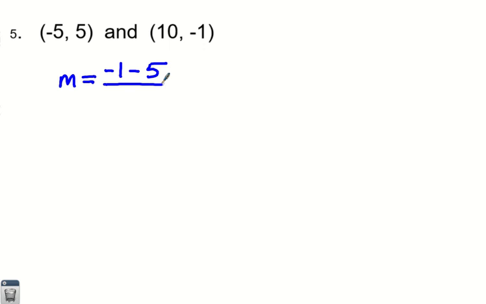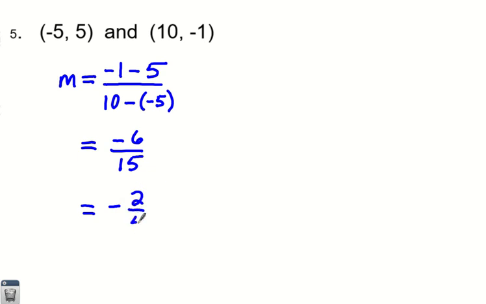So -1 minus 5, that's y2 minus y1, and then on the bottom we got x2 minus x1. So negative 1 minus 5 is negative 6. 10 minus minus 5 is 15. That's right, 15. And this reduces to negative 2/5, I do declare.